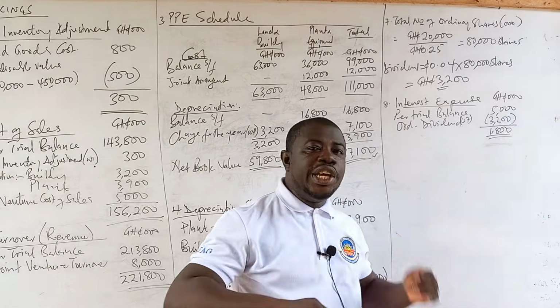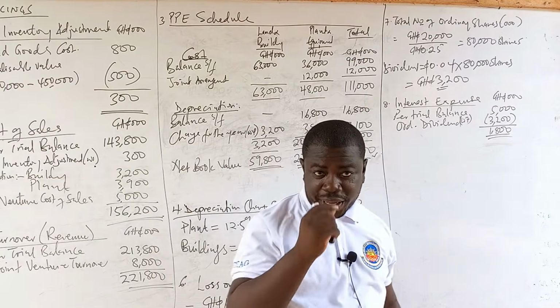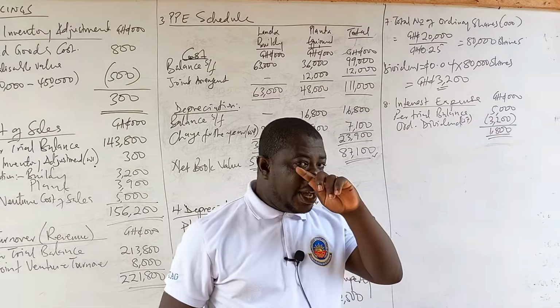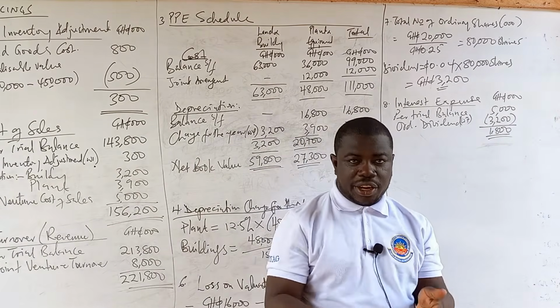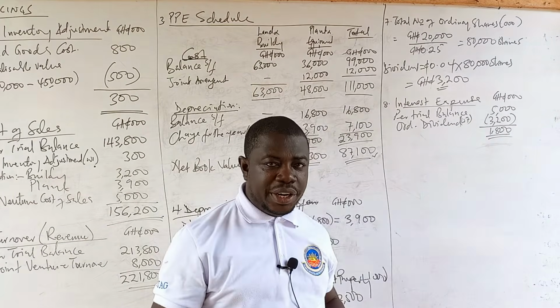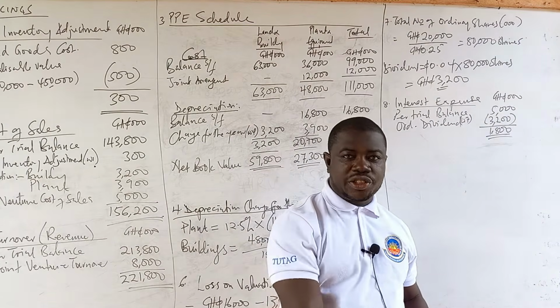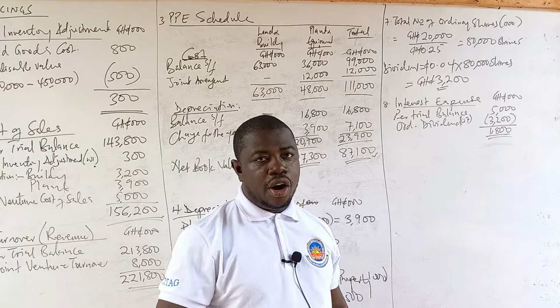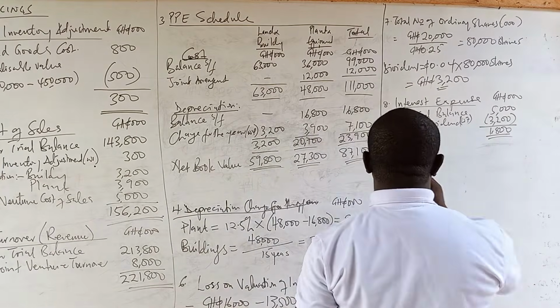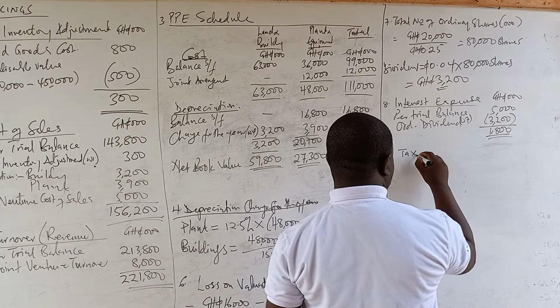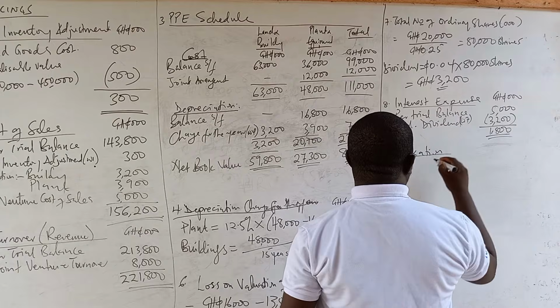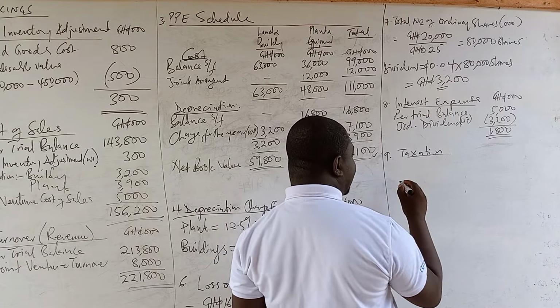And so we need to get the closing balance for deferred tax, which we are going to calculate. We were not given the closing balance outright, but we've been given a temporary difference of 12 million or 12,000, to which we are going to apply the tax rate we have been given, 30%. And so working 9 will be on taxation. We need to first of all calculate our year-end deferred tax.